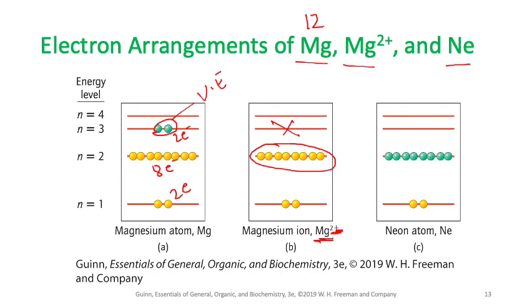So by donating 2 electrons, magnesium became stable, because the last shell now has a fully filled octet, 8 electrons. And if you compare with the noble gas neon, same electronic arrangement. So by donating 2 electrons and getting a positive 2 charge, magnesium becomes stable using the octet rule, like a noble gas element.